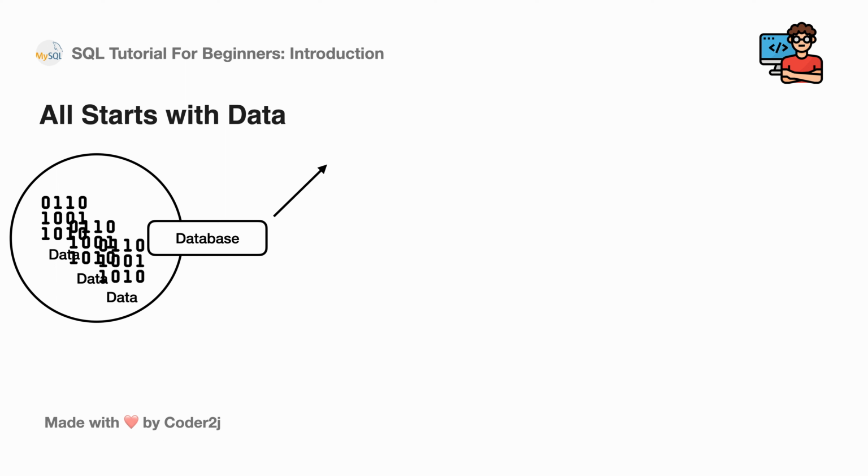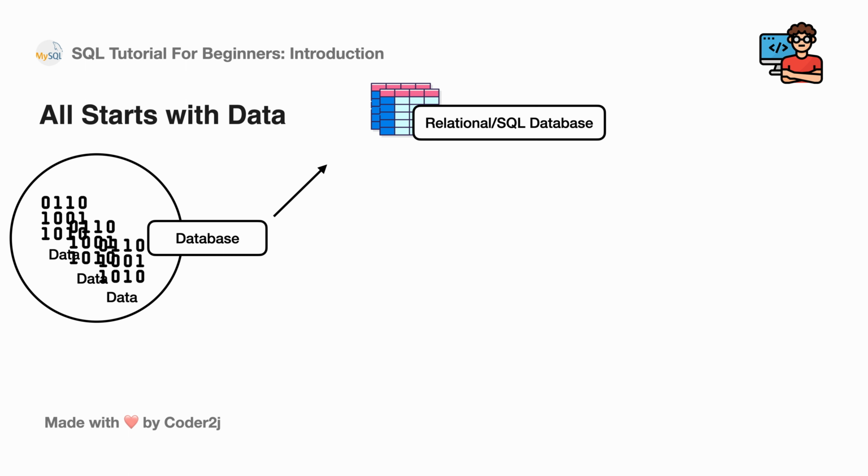The first type of database models data as rows and columns in a series of tables, and the vast majority use SQL for writing and querying data. So it is called the relational database or SQL database.